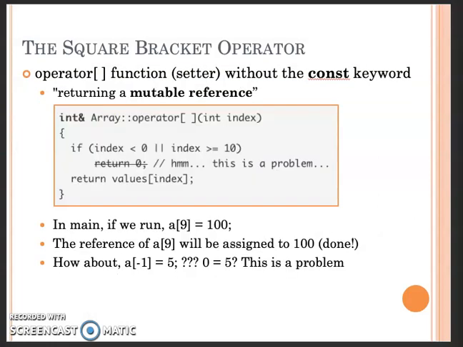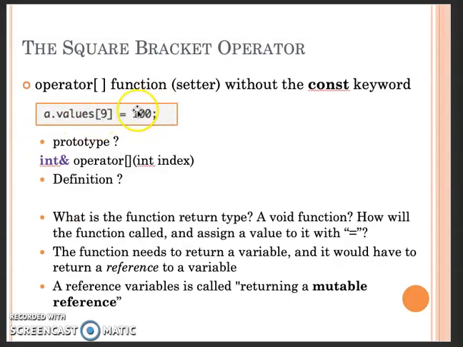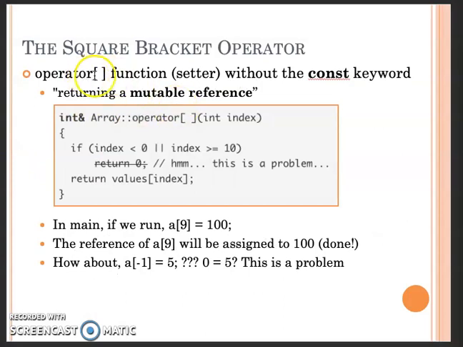No. So you need to return the variable location. That's why I can update the new value 100 to that old location, so my value 9 can be changed. That's the reason your setter function needs to return an int reference.